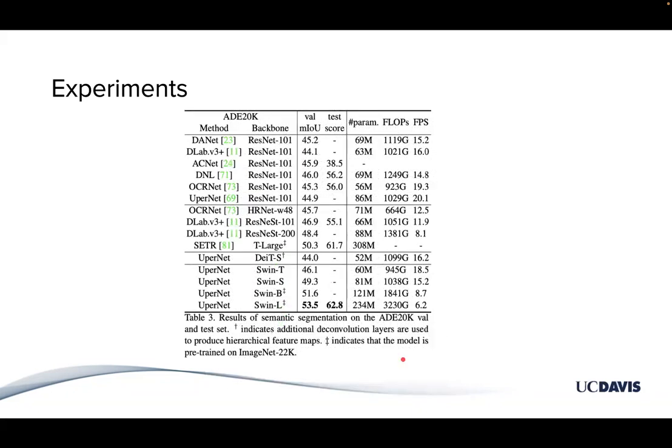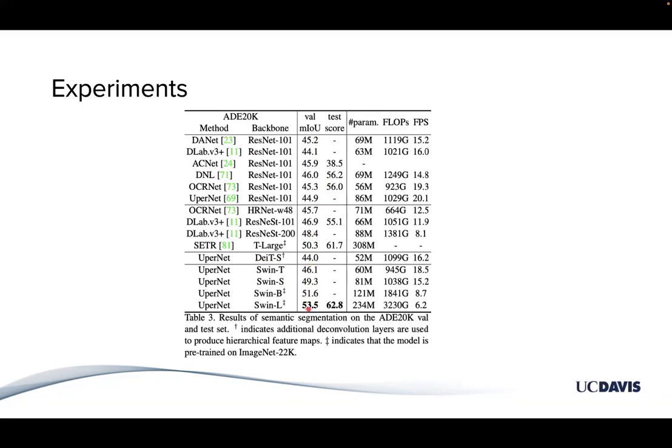The third experiment they've done is on semantic segmentation on the ADE20K dataset. We can see that the model Swin Large gets an improved accuracy score, that is the mIoU score, when compared to data-efficient transformer.